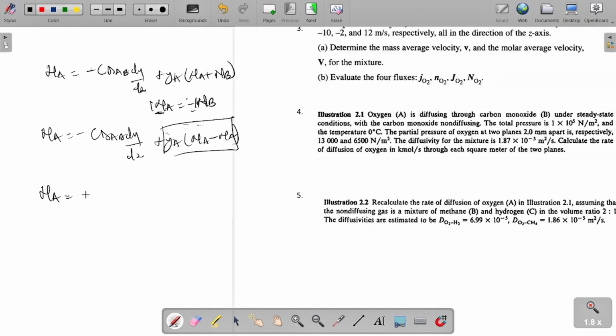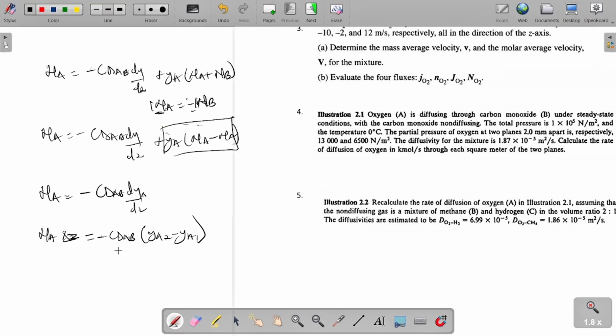That's the simplest one when you are trying to solve diffusivity for this kind of question. So NA becomes minus C DAB dy/dz. When we have limits, I'll integrate from z1 to z2, giving the change in z, and here too, minus C DAB, I'll integrate y1 to y2.